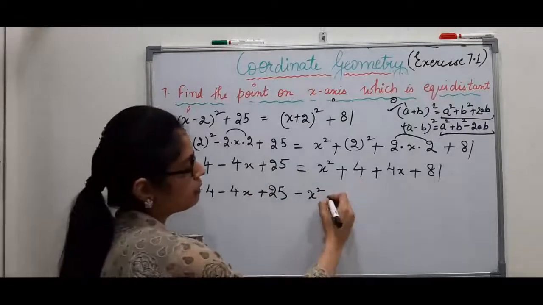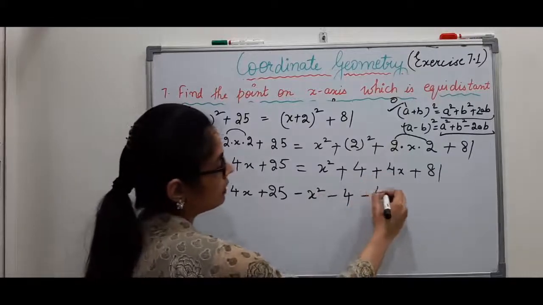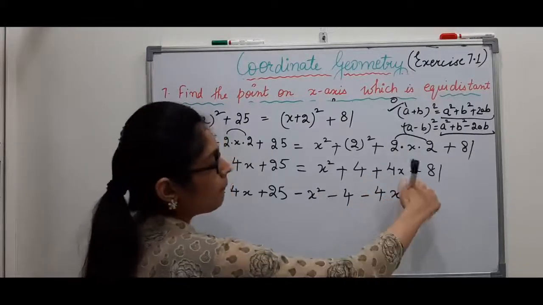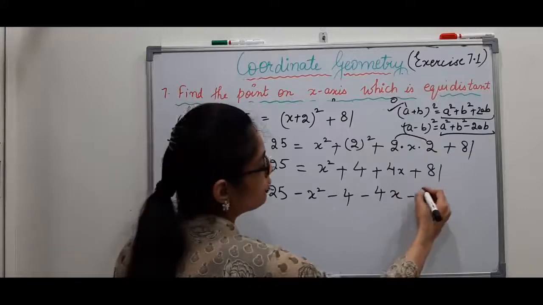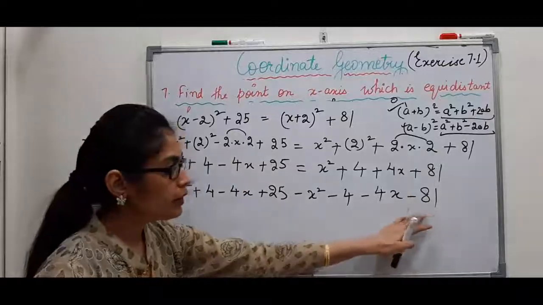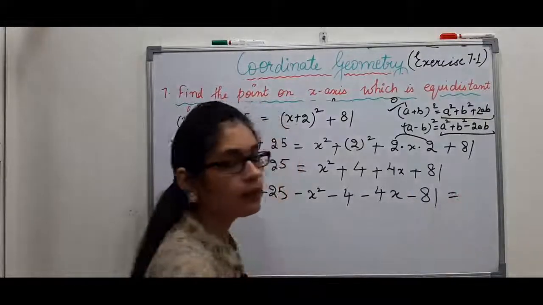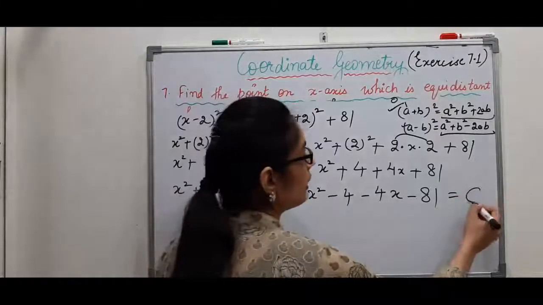Plus 4 will be changed into minus 4 on changing the side. Plus 4x will also be changed to minus 4x. Plus 81 will also be changed to minus. All the plus signs will be changed to minus signs on changing the sides. So on the other side nothing is left, so we will write 0.